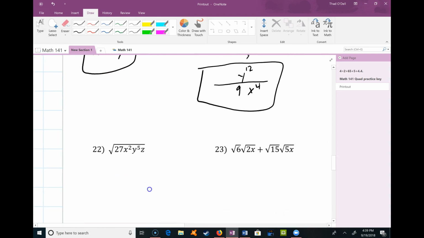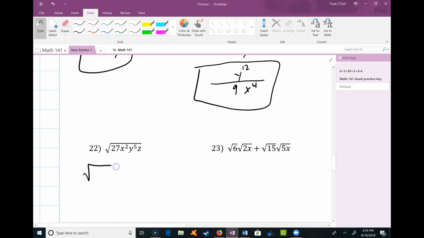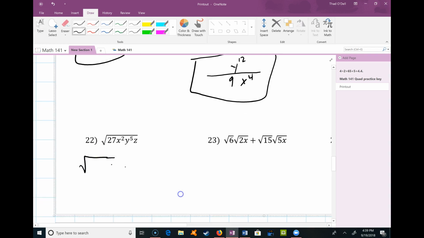What am I saying? Okay, here, once again, like the number 2 we did, we're going to break this apart into 2 radicals. The radical full of perfect square factors and the radical of all the leftovers. So, for example, 27. 27 is not a perfect square, but 9 is.